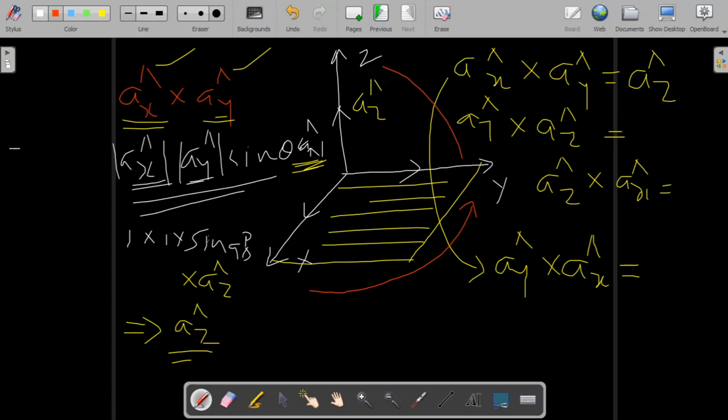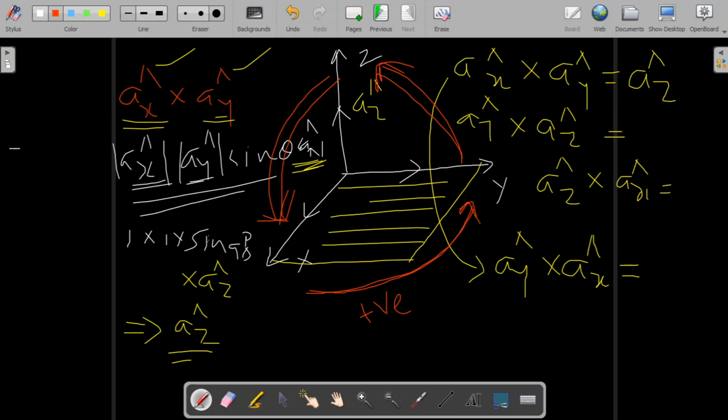This direction, y to z. This direction, z to x. Is that very clear? I'll repeat. It's a right-handed coordinate system, so the anti-clockwise direction of axes is considered positive. So x to y when you are tracing, y to z, and z to x is considered positive. This means the other direction should be negative.